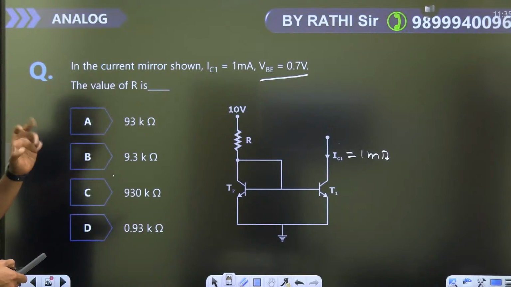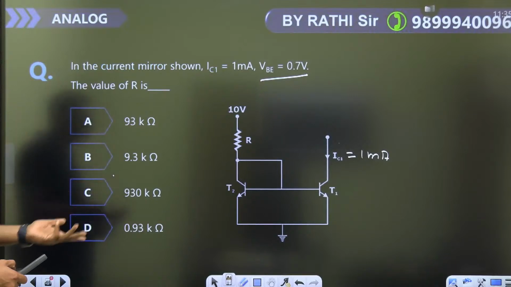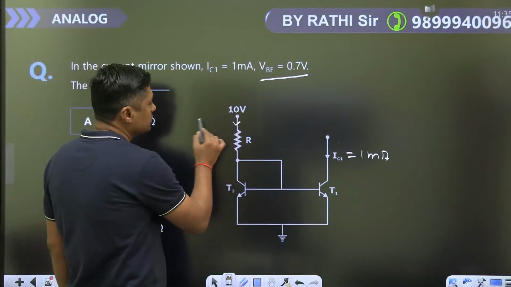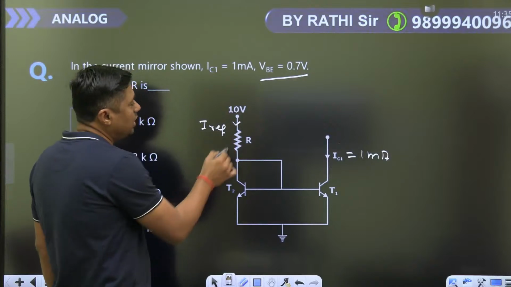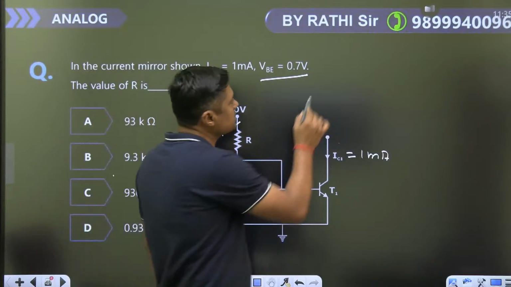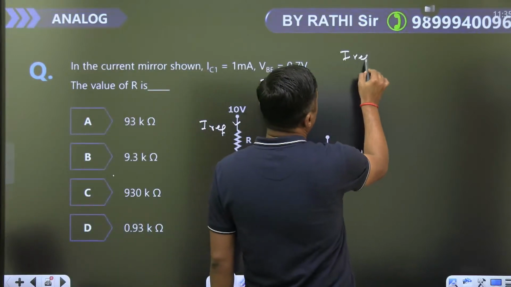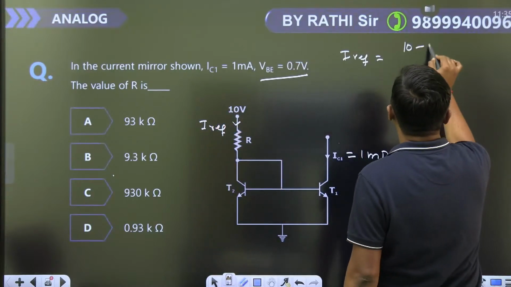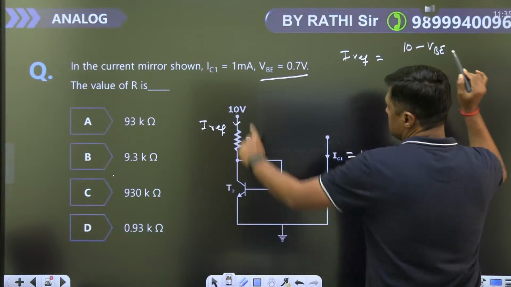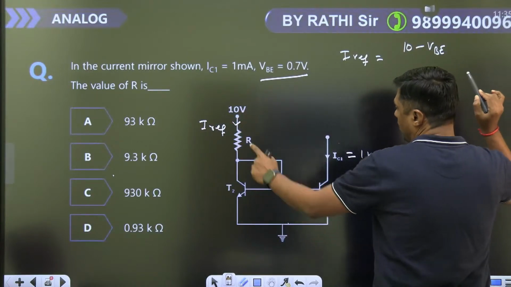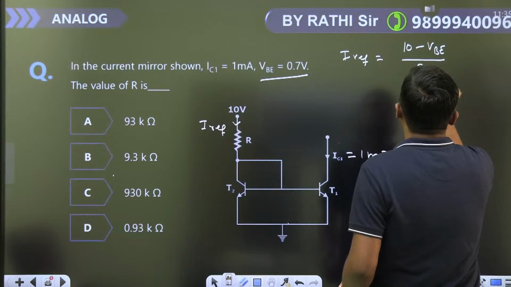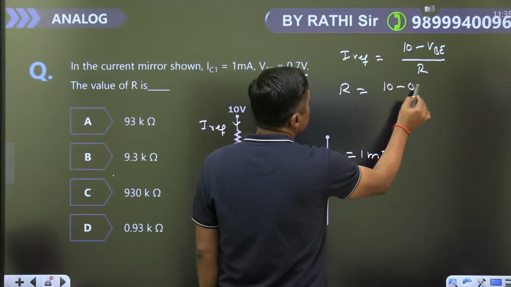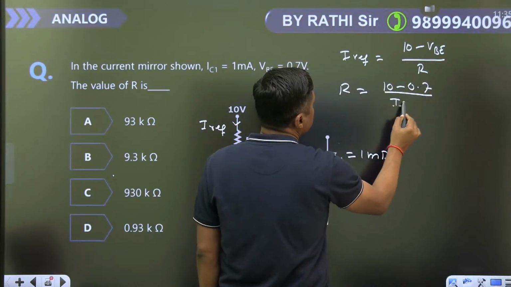Okay, IC is equal to 1 milliampere, it is given. Beta is not given, means beta is very, very large. So I reference and IC are equal. So what is the I reference? I reference is nothing but 10 minus VB upon R. Now you have to find the value of R. So R will become 10 minus 0.7 upon I reference.